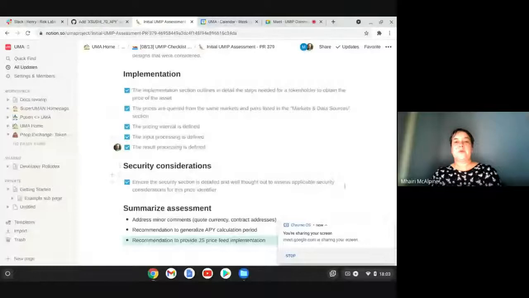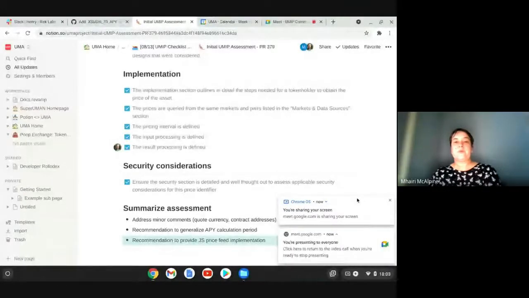I saw that there were a few small comments left on the initial review. So there were some more minor comments with quote currency contract addresses, a recommendation for generalized APY calculation period, and price feed implementation.